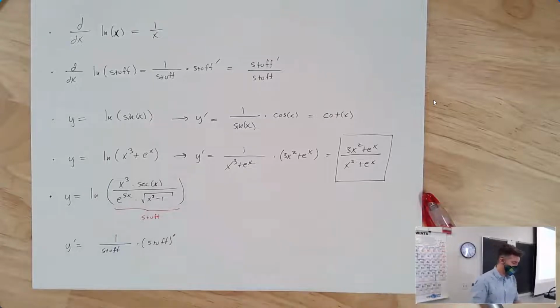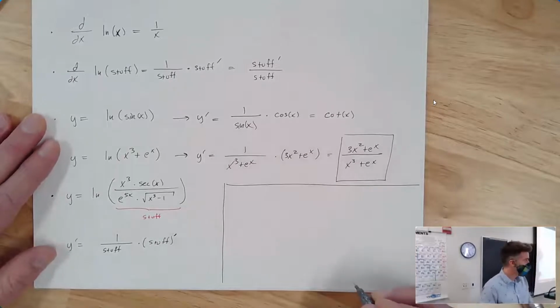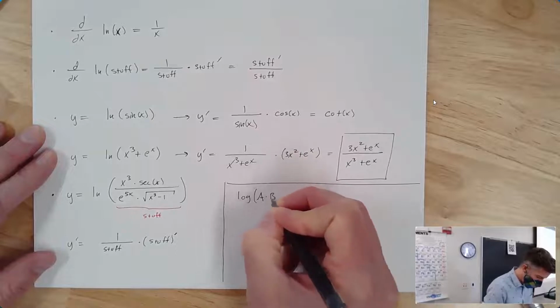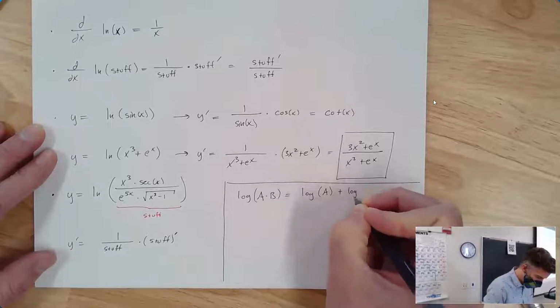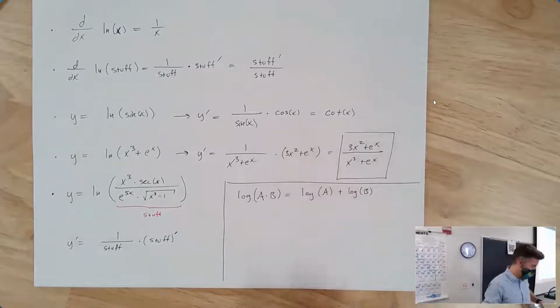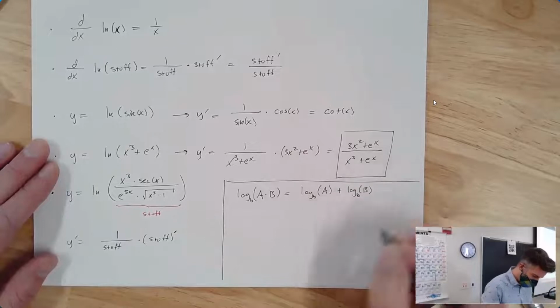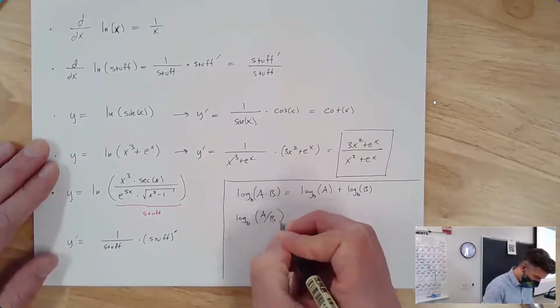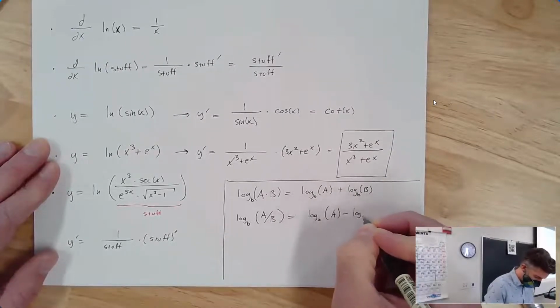And the way we're going to make our life easier is by remembering that we have some rules for simplifying logarithms. Specifically, log of a times b is equal to log of a plus log of b. I should throw in a base, right? I'm writing that as if it's log base 10, but we can really write it with any base. So log usually base b. And log base b of a divided by b is equal to the log base b of a minus the log base b of b.